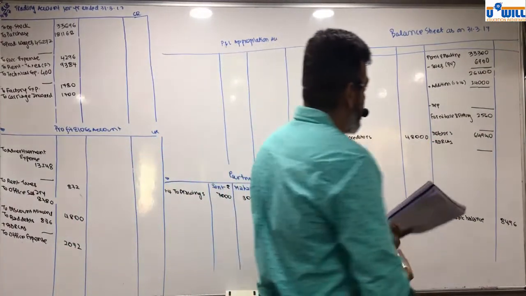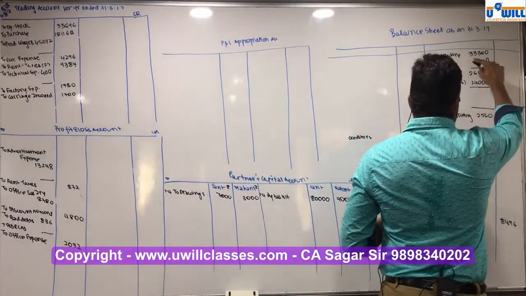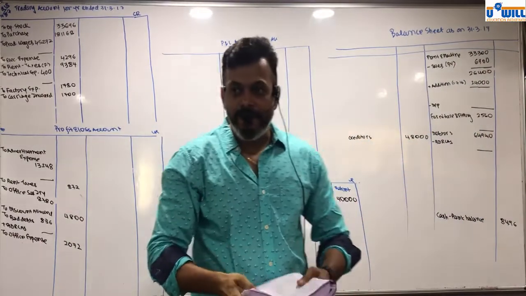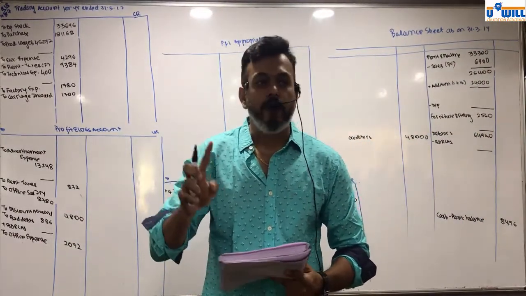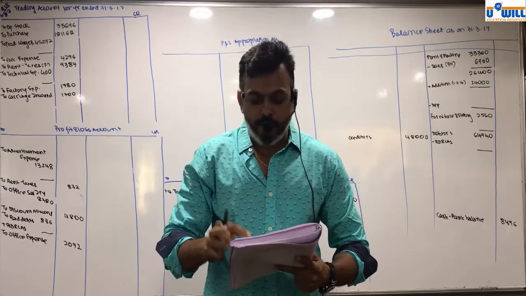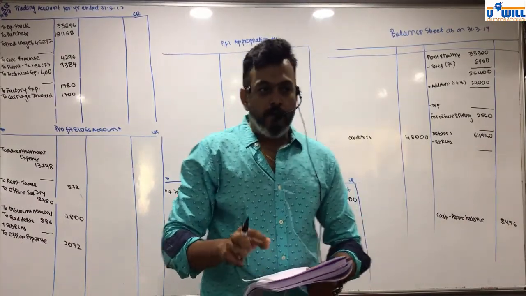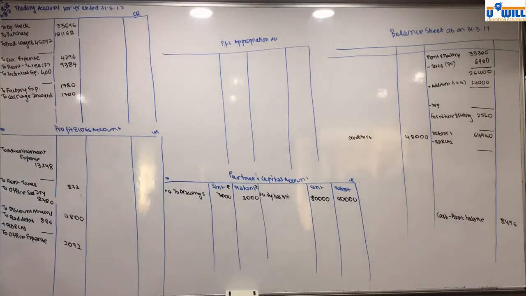Sale of plant and machinery, book value 6,900, deduct this. Now at how much did we sell it? We sold at 4,800. So was it profit or loss? Definitely a loss. So we will transfer the loss to profit and loss. So loss on sale of machine 2,100.